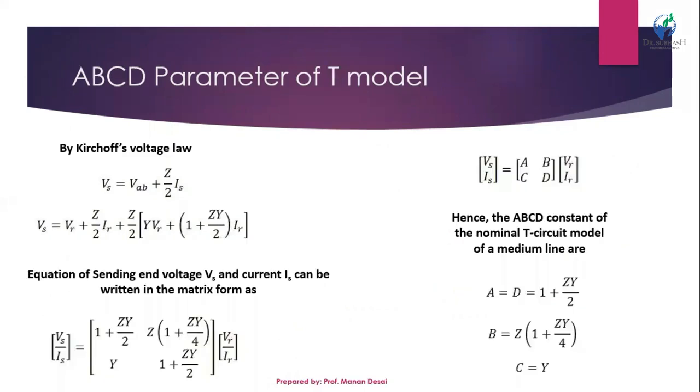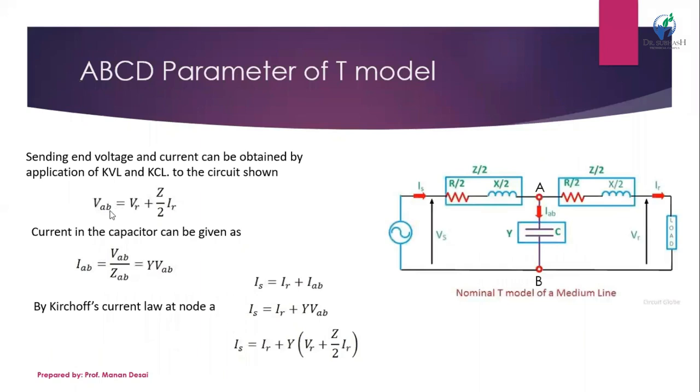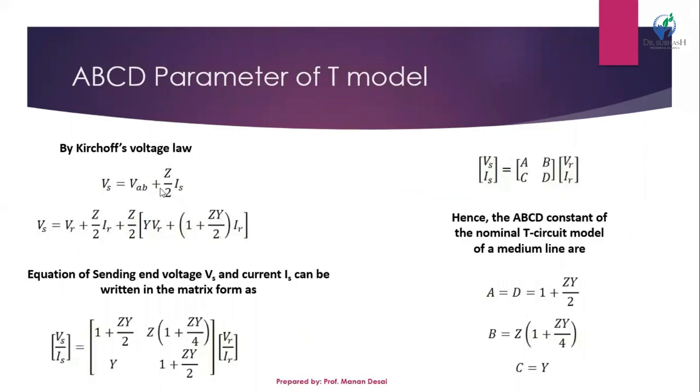Now by using Kirchhoff's voltage law, Vs is equal to VAB plus Z by 2 IS, and we have derived the VAB value: VAB is equal to VR plus Z by 2 IR. So this will be put here, VR plus Z by 2 IR plus Z by 2 into the IS value.